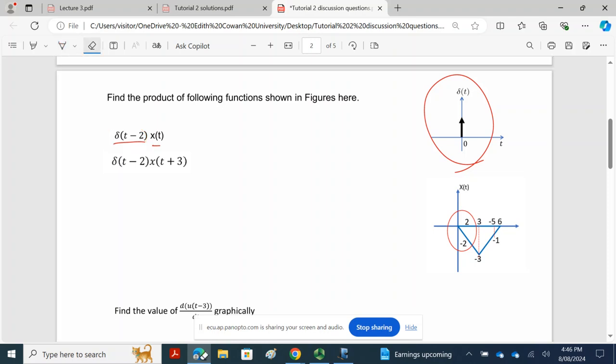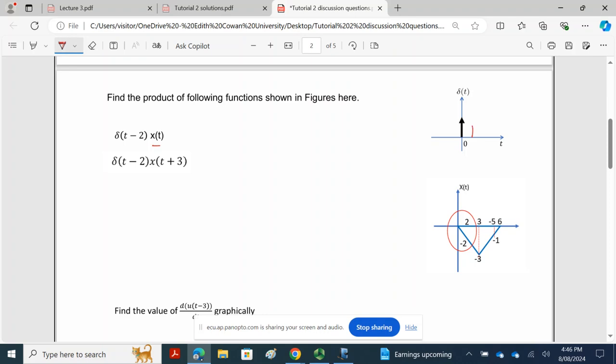So first, delta(t minus 2) will be here, right? That's 2, correct? So, forget about this. At the bottom it's my x(t). What will be the answer? Delta(t minus 2), which is the arrow up there, times x(t) minus 2.